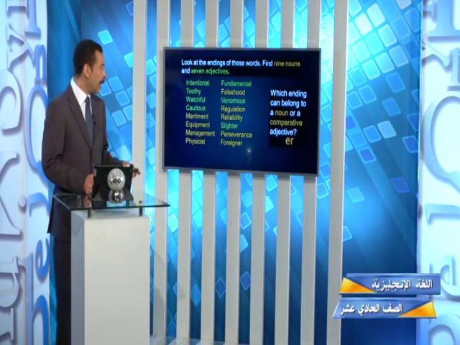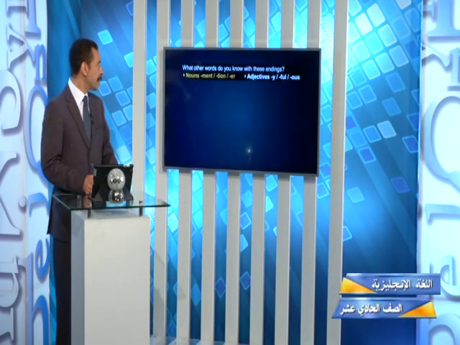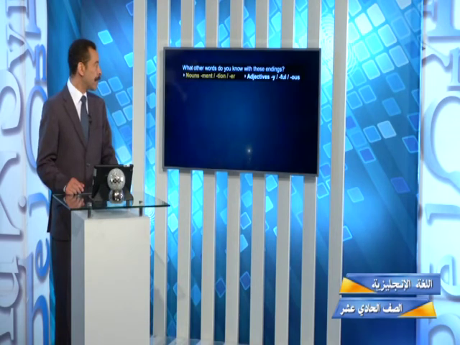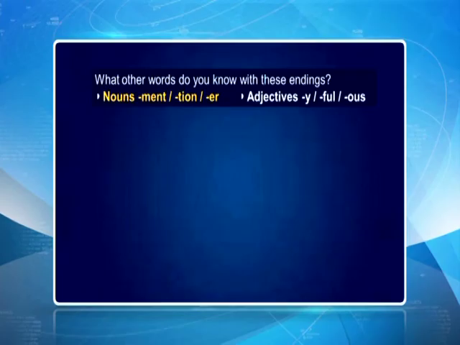Okay? Now our next exercise asks you to think of other words ending with ment, M-E-N-T, or tion, T-I-O-N, or E-R, which are nouns, and other words which are adjectives ending with Y, or F-U-L, or O-U-S.